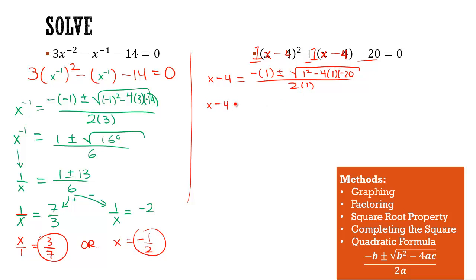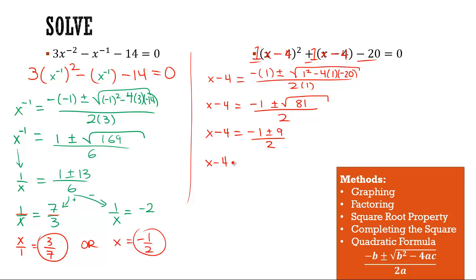So x minus 4 is equal to negative 1 plus or minus the square root of 1 plus 80, which is 81, and that's also a nice number, just so happens. That's negative 1 plus or minus 9 over 2.